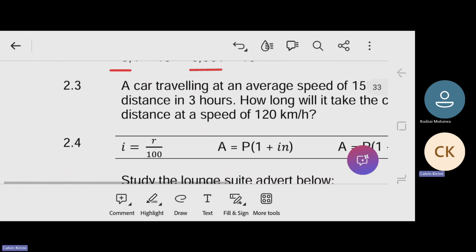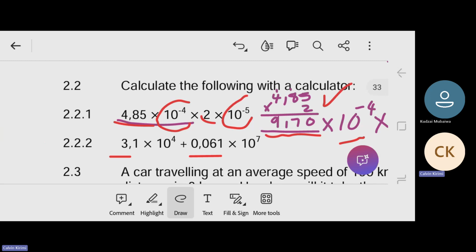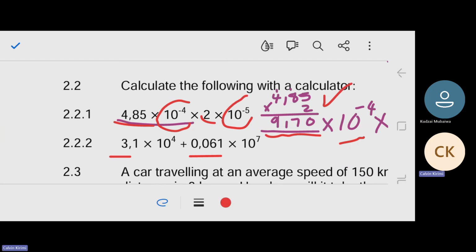That's why it's 9,70 times 10 to the power 9. Meaning it must be greater than 0, but less than 10.